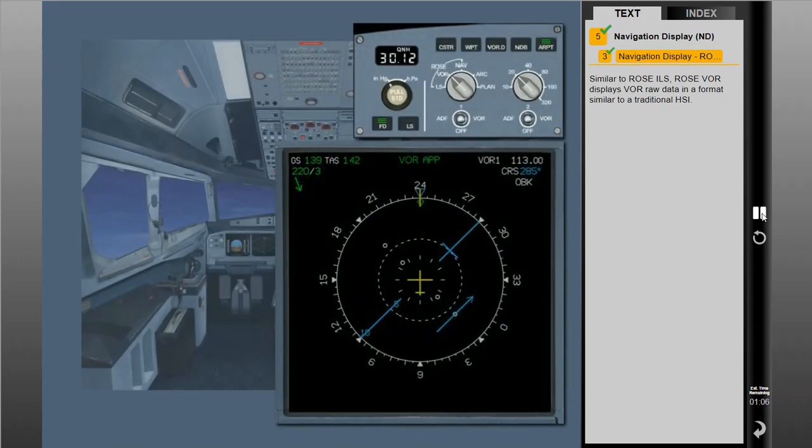Similar to ROSE ILS, ROSE VOR displays VOR raw data in a format similar to a traditional HSI. In the center of the display is the selected VOR course, represented by the blue dagger, a course deviation indicator, and a deviation scale.